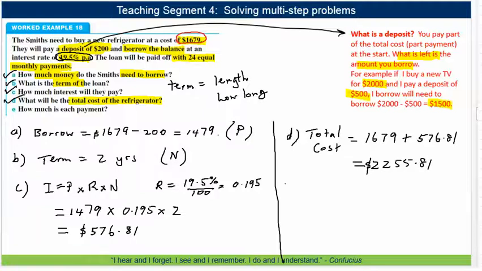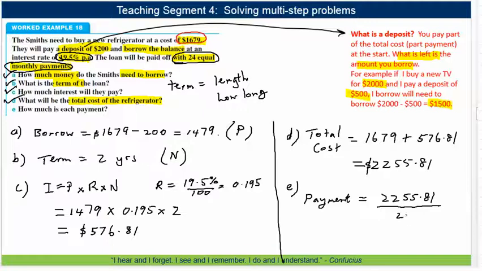And then how much is each payment? Well, each payment, the payments are monthly, right? So you're told up here 24 equal monthly repayments. So if I go 3,255.81, that's the total cost, and I divide by the number of repayments.